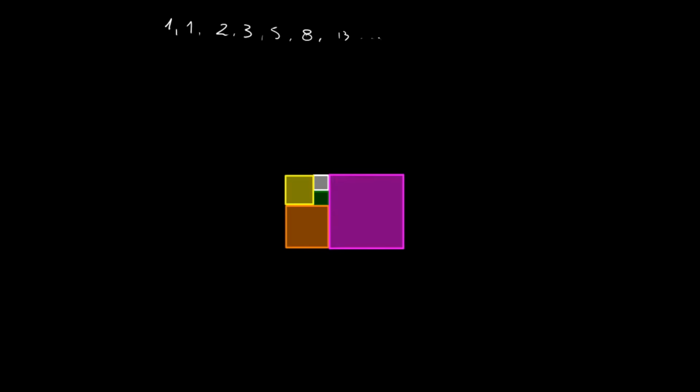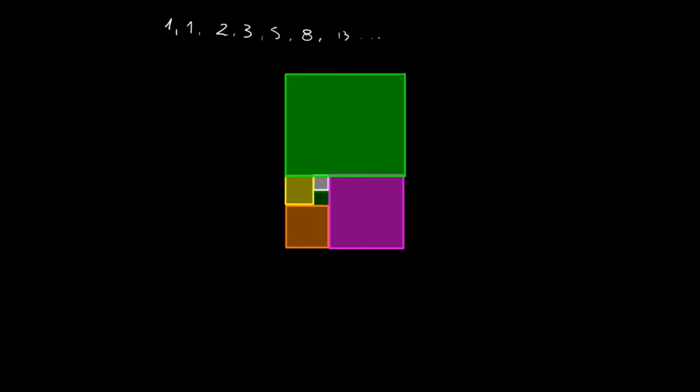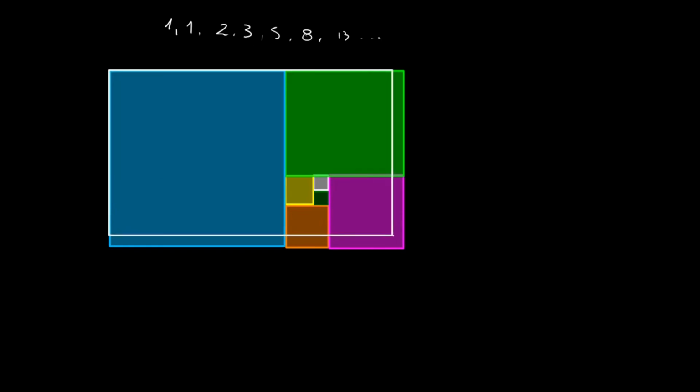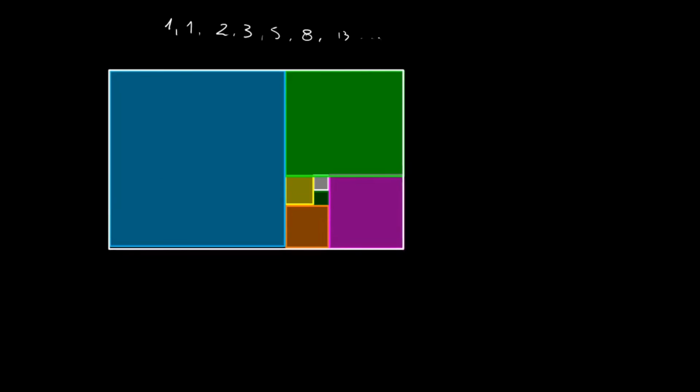The next one is 8, so we have 2 here, 3 plus 5 is 8. And the next one, and the last one I'm going to be drawing, is the 13. And here we got this rectangle. And this rectangle is called the golden rectangle.